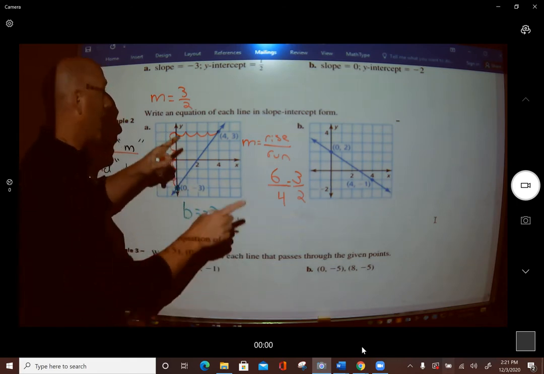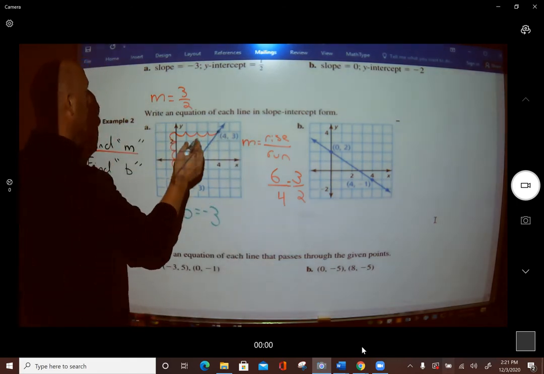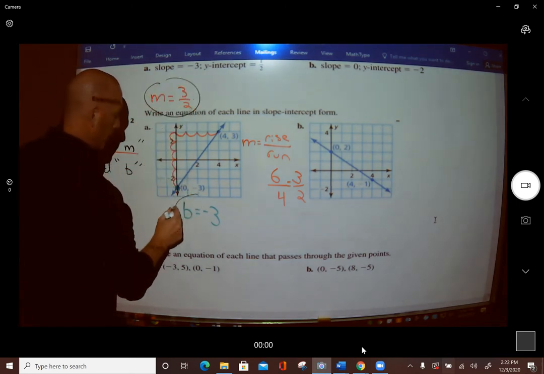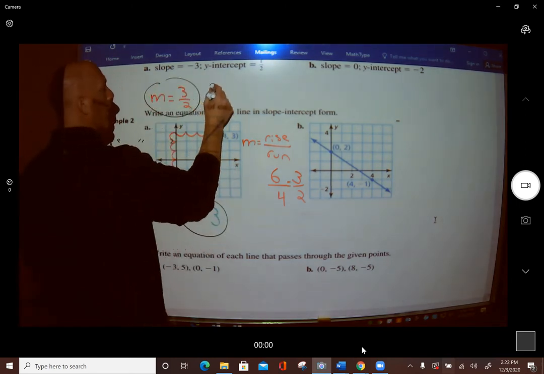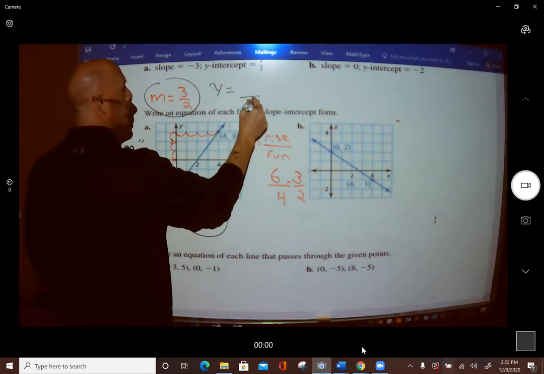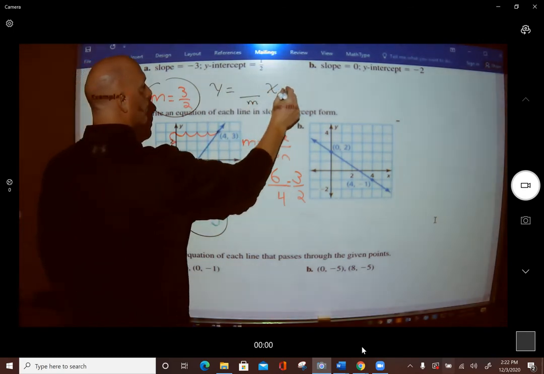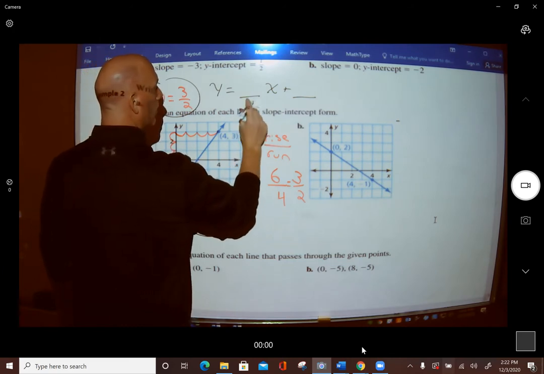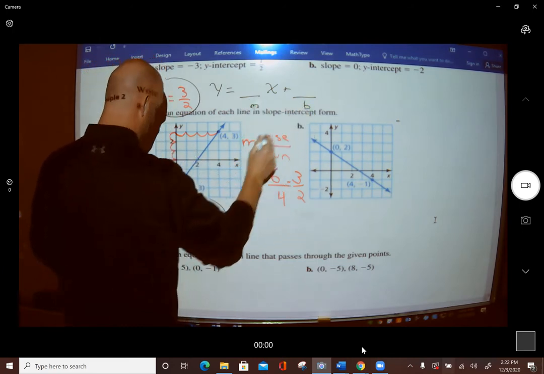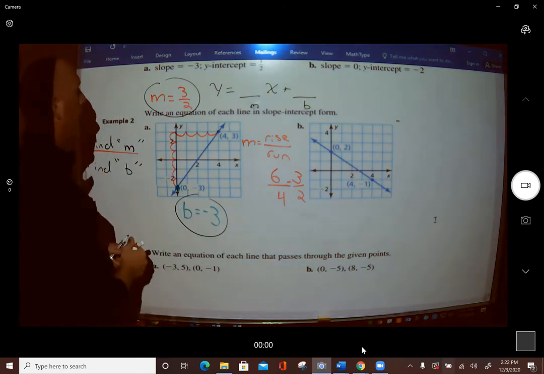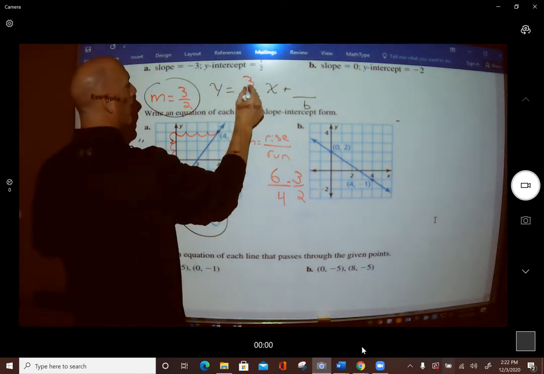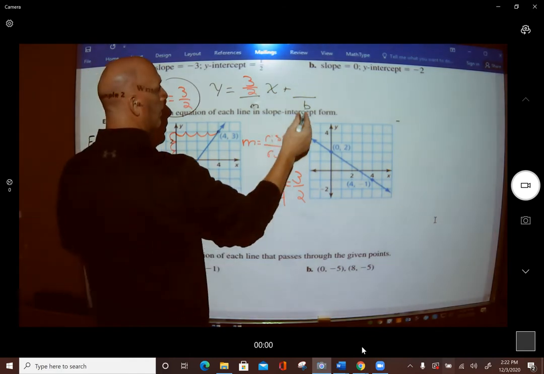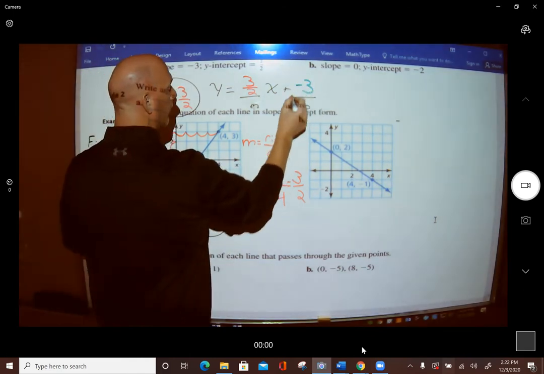Now this looks exactly like the first 2 problems I did. I know my m and I know my b. So now I just need to go back and plug into y equals mx plus b. I'm just going to plug them in. My m was 3/2. My b was -3.